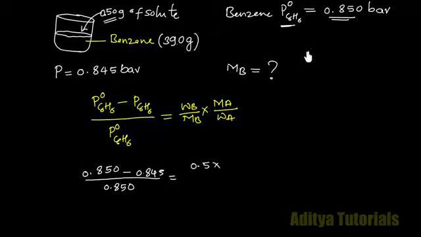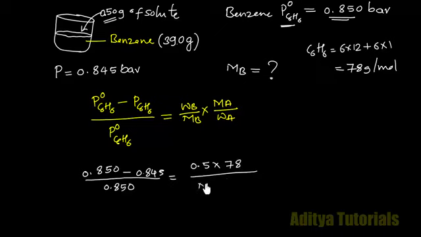Here I have not mentioned it, you can take C6H6 is equal to 6 into 12, 6 is the 6 carbons, 12 is the mass of each carbon atom, added with 6 into 1, that is the 6 hydrogens and the mass of hydrogen is 1, and we get 78 grams per mole. Now I get 78 grams divided by MB, which we have to calculate.